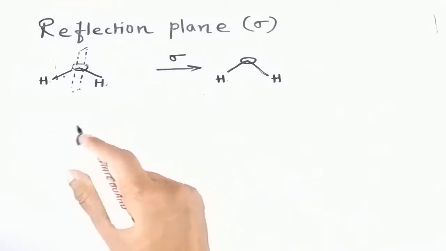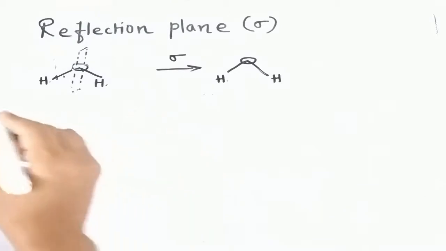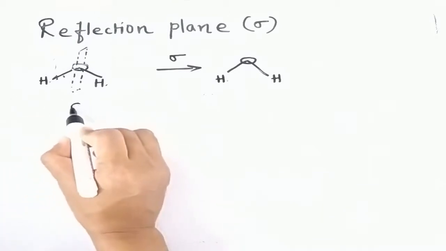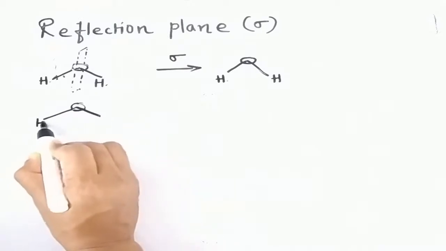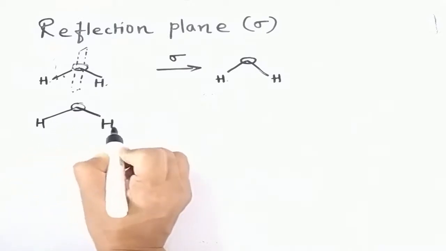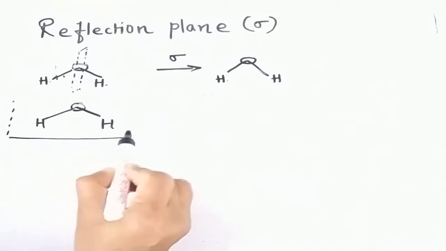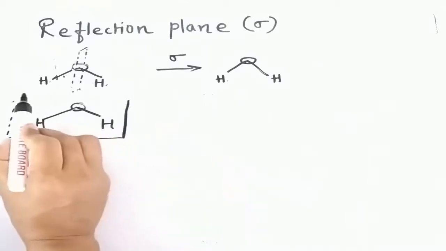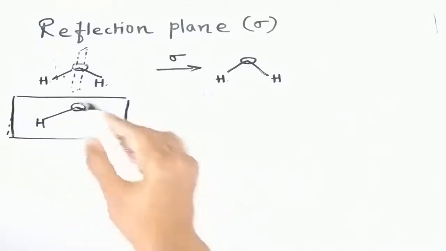Now let us find out, is there any other plane present in the water molecule? Yes, it is present. I will draw that plane, which is called the molecular plane. So what is a molecular plane? A molecular plane passes through all the atoms.